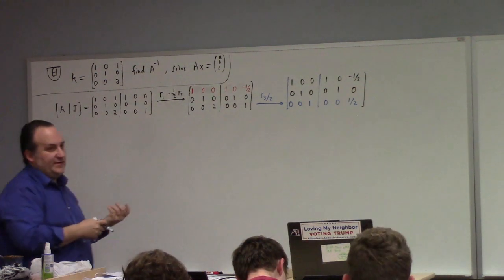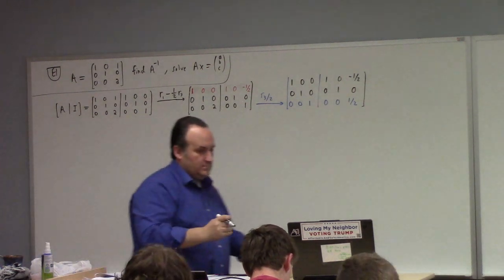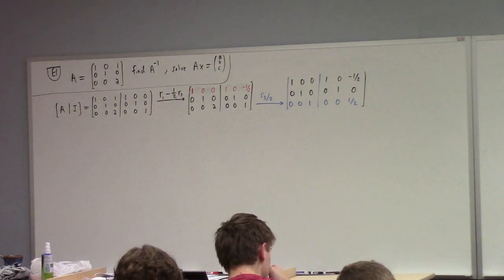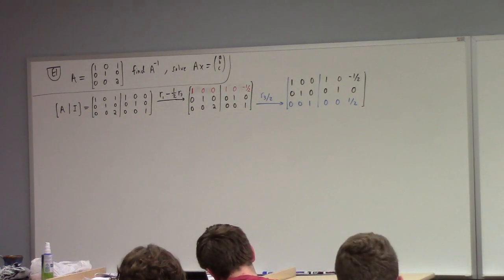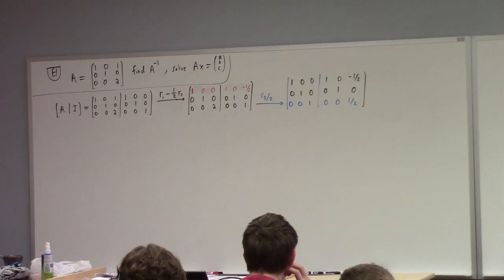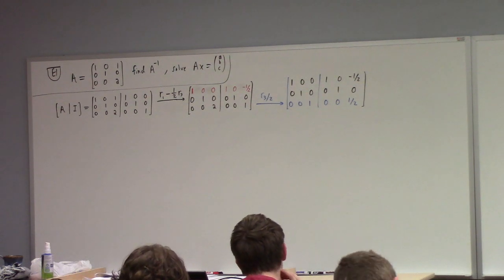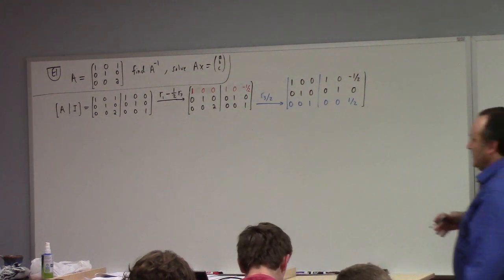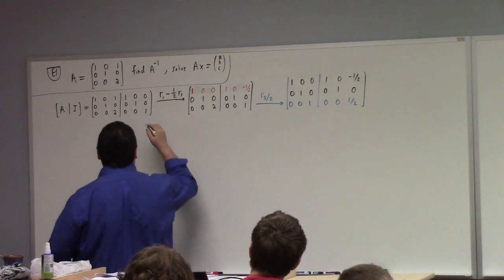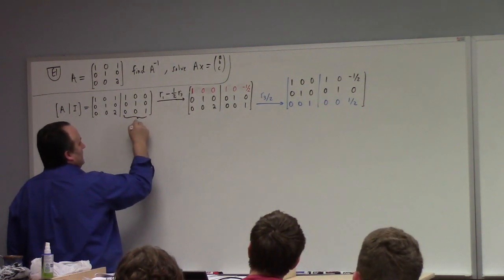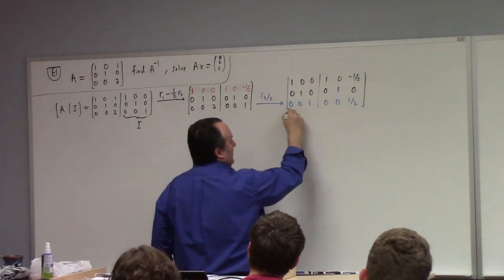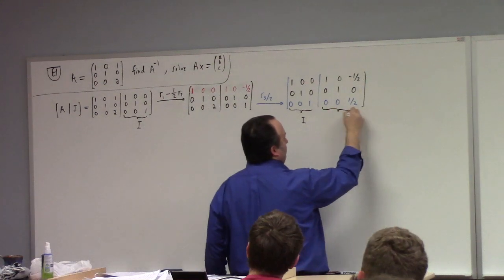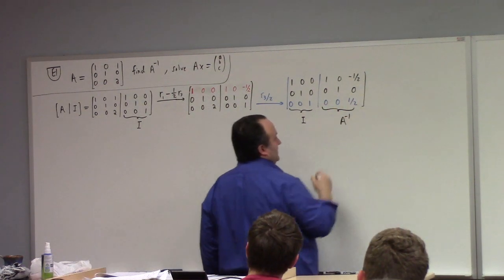So by the theorem we worked out last time, what does this mean? If we do row reduction on the identity matrix put next to A, and we can do row reduction until we put the identity, basically we start with the identity matrix here and we end with it here, if that's possible, then the theorem says that whatever's over here has to be what? This is the inverse of A, right?